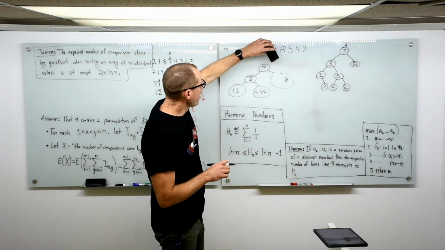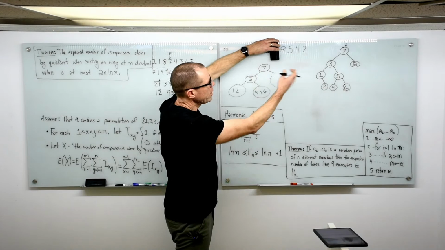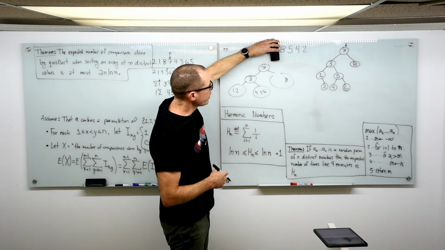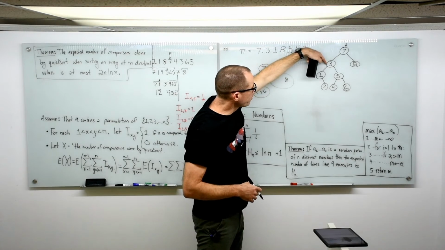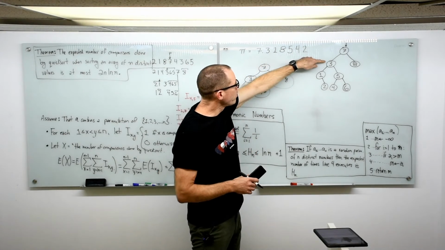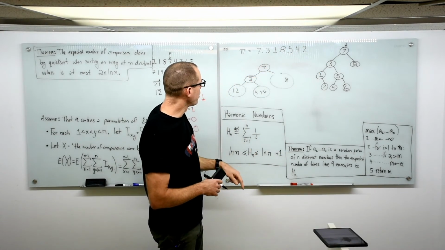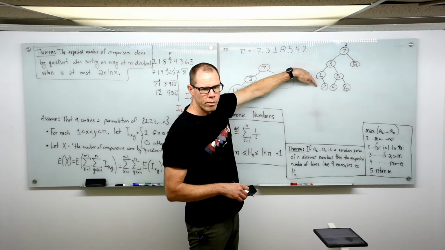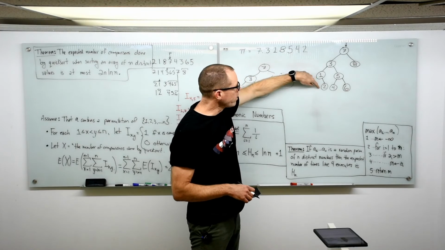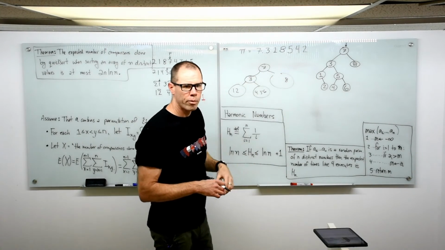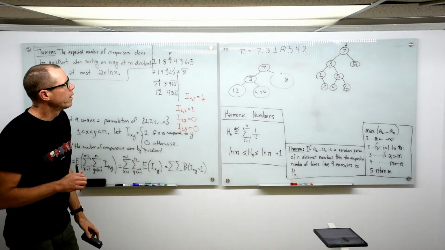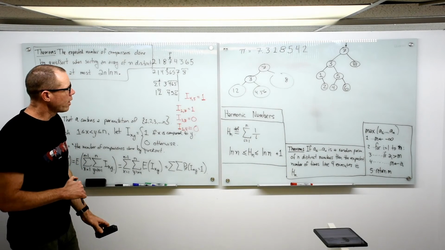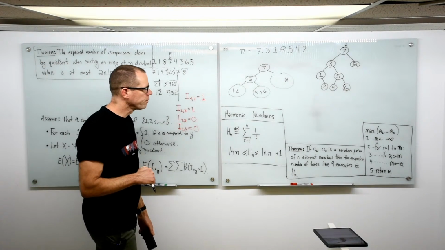So after I pick 3, there's still all of these other things to come through here, and everything smaller than 7 is going to go this way, and it's all going to get compared to 3, so that's all these elements, 1, 2, 4, 5, 6. Each one of those gets compared to 3, and it'll live in the subtree rooted at 3. And you can check that this happens all over the place.